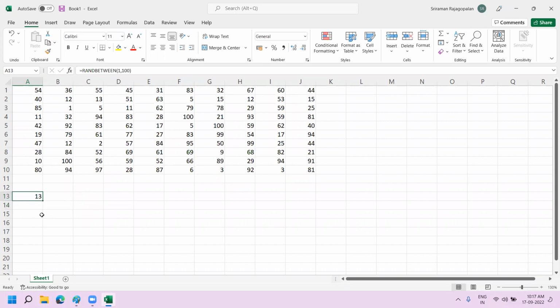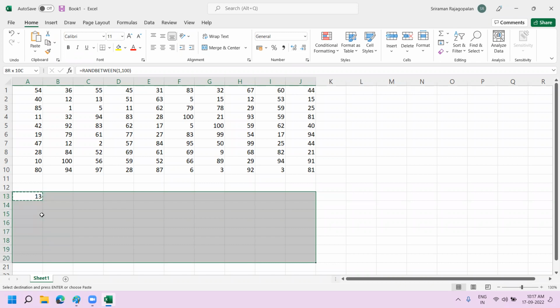Now copy this number to a 10 by 10 matrix. So 1, 2, 3, 4, 5, 6, 7, 8, 9, 10. Then 1, 2, 3, 4, 5, 6, 7, 8, 9, 10.